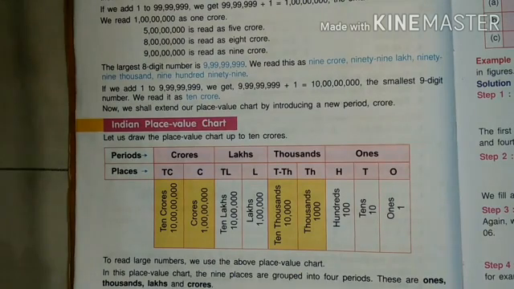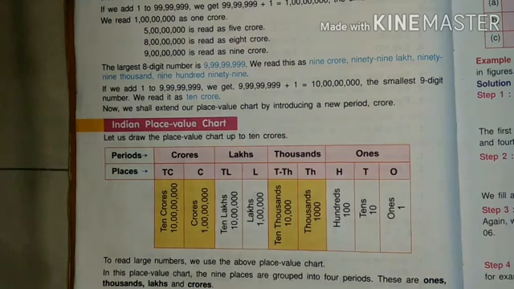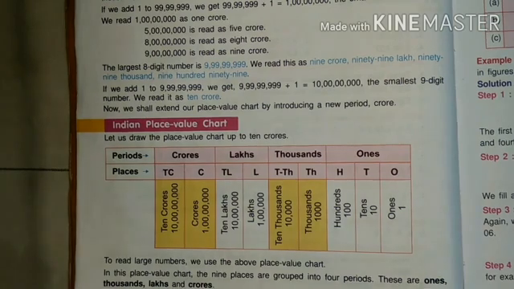From the right, you have to see this chart. From the right, the first 3 places form the ones period. Next 2 places form the thousand period. Next 2 places form the lakh period, and the next 2 places form the crores period.